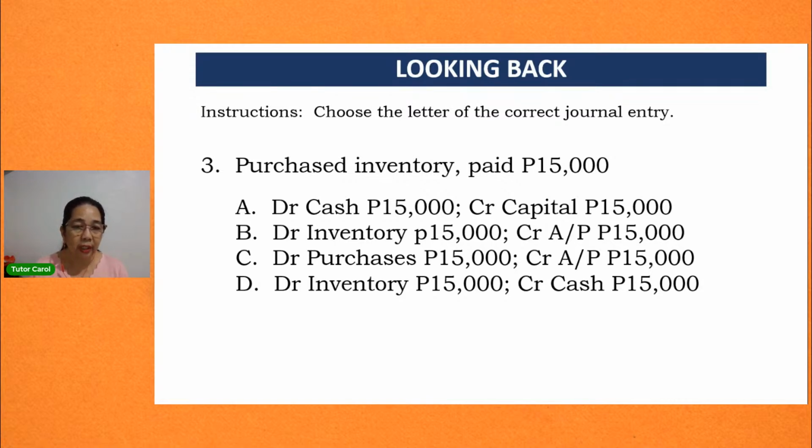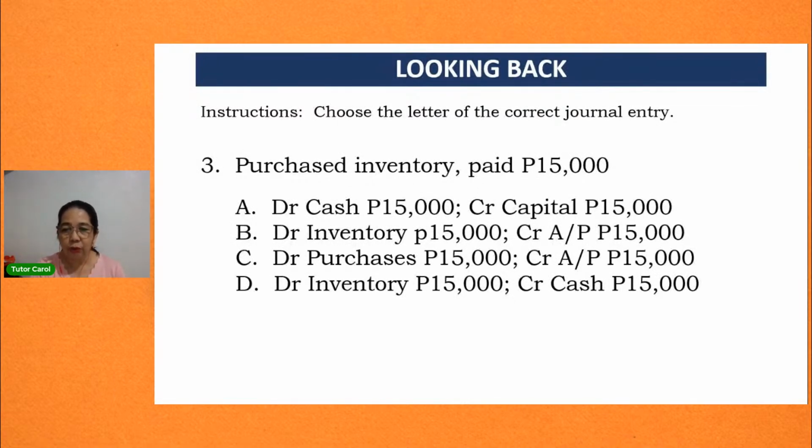Okay, purchase inventory, paid 15,000 pesos. Okay, so what is the correct journal entry for this? Is it A, B, C, or D? Sige. Last week kasi ang ginawa natin is inanalyze pa natin, di ba? So this time, tingnan natin kung by just reading the transaction, kung readily available na sa inyong mind ang journal entry.